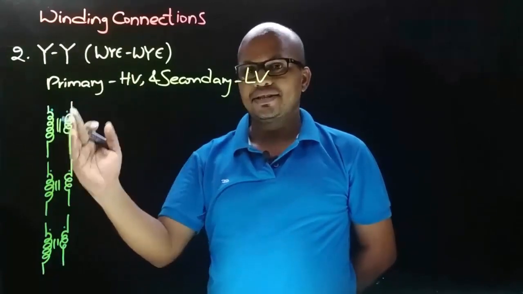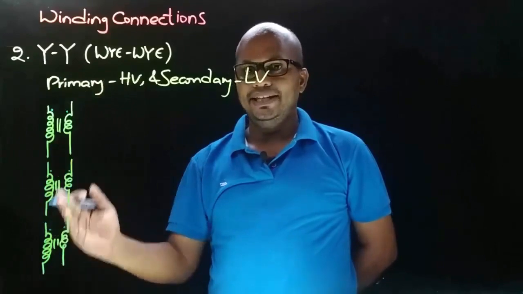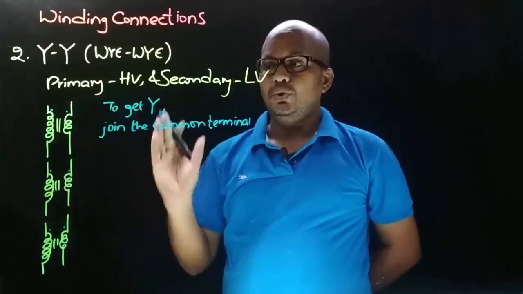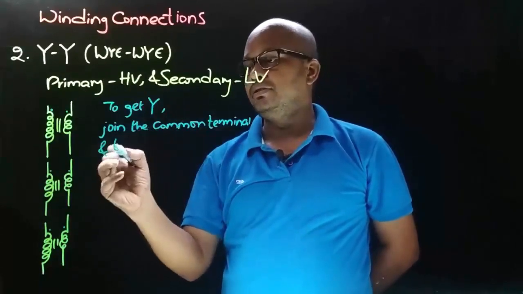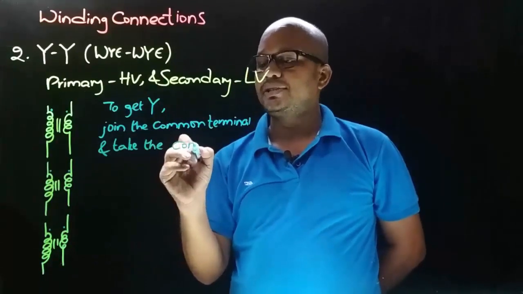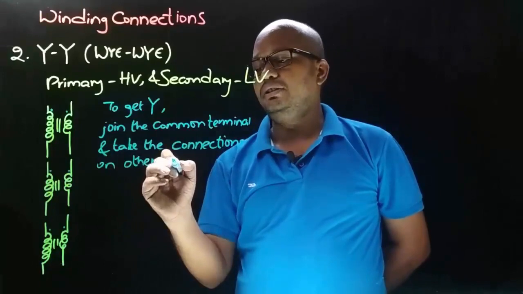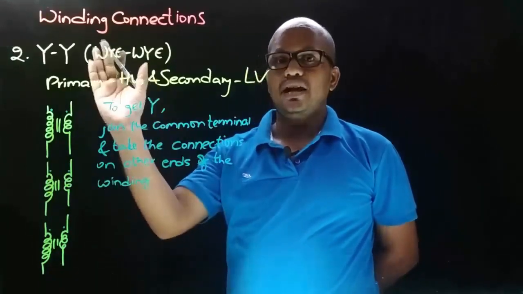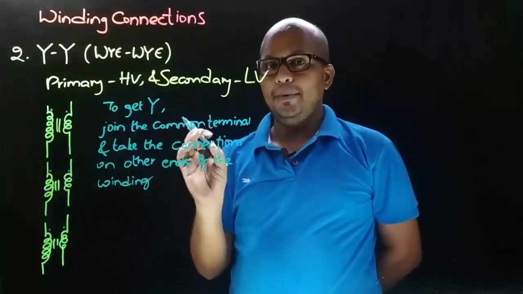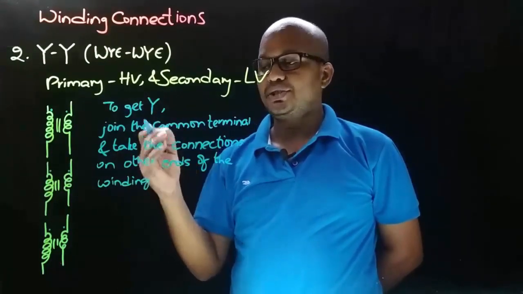So first let's connect the primary winding in star. So to get star connection, we must join the common terminals and take the connections on other ends of the winding.